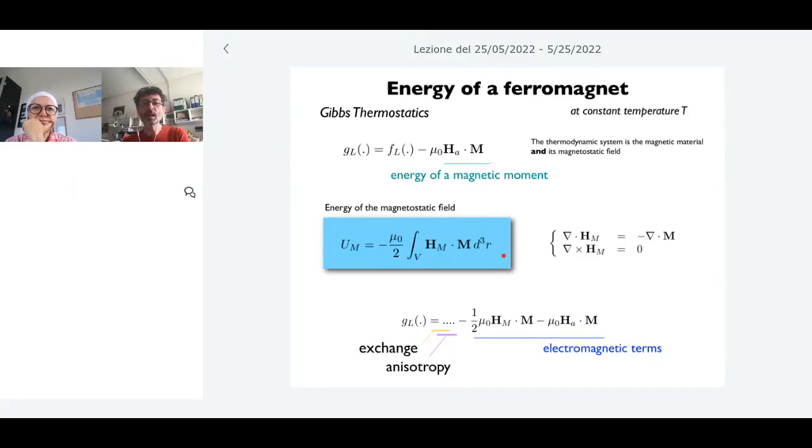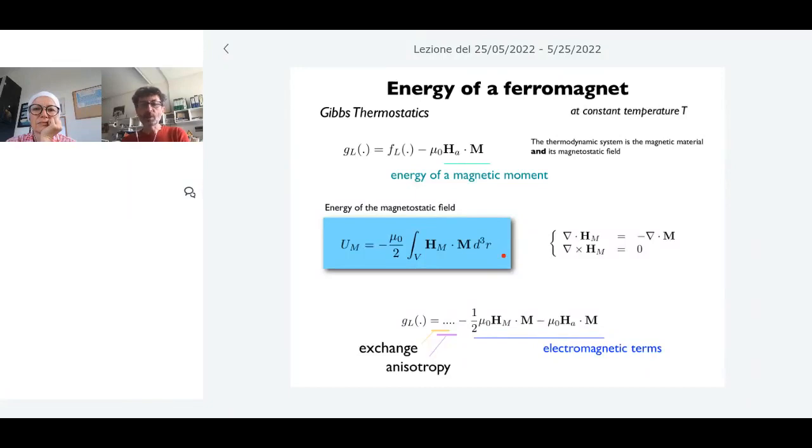So we have to introduce a reasonable description for these effects, and we will do this in the most simple terms. We introduce the simplest micromagnetic theory for a ferromagnet.